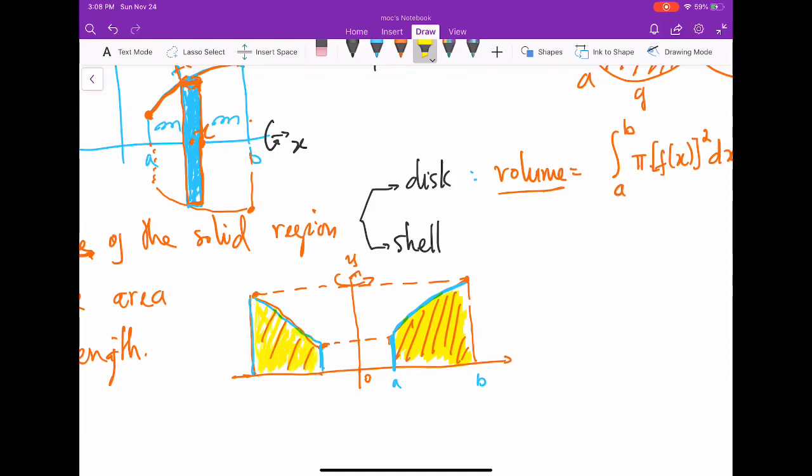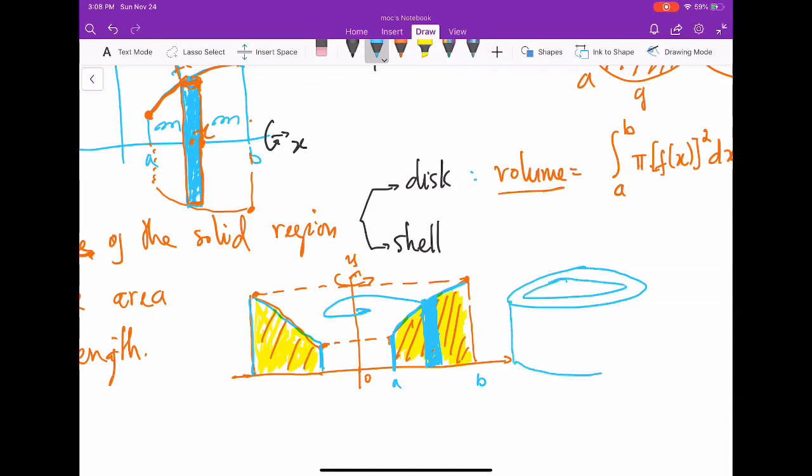So how to find the volume of this guy? In order to find the volume of this guy, I will divide AB into intervals, right? And I have something like this. But when you rotate this guy about the y-axis, you get some disk. Your disk looks like this, right?